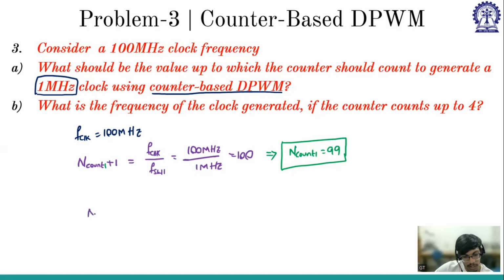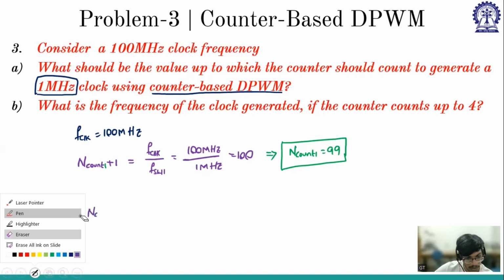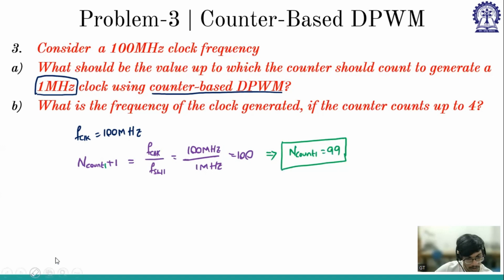So n count 2 plus 1 is equal to F clock by FSW2. From this, I'll get FSW2 is F clock, which is 100 megahertz by 4 plus 1, 5.